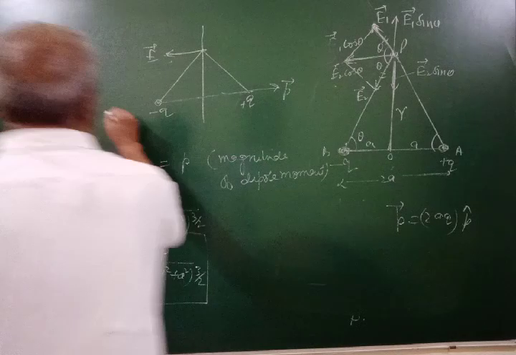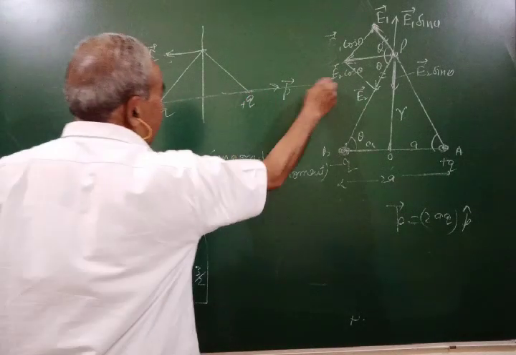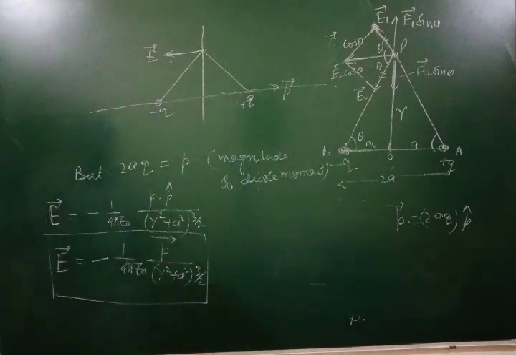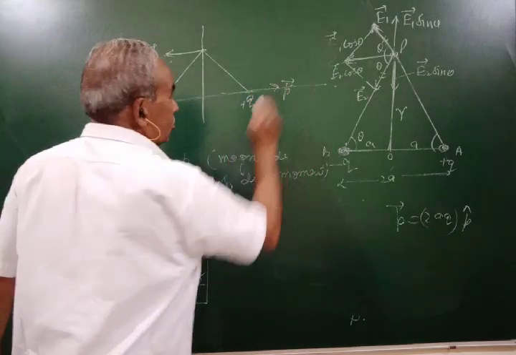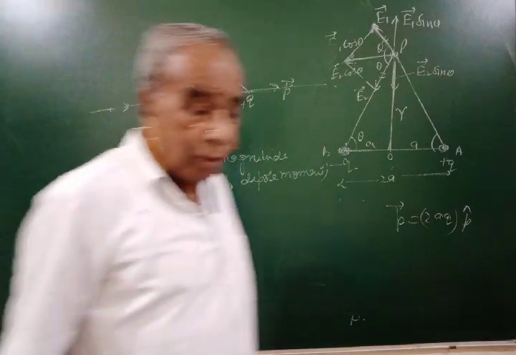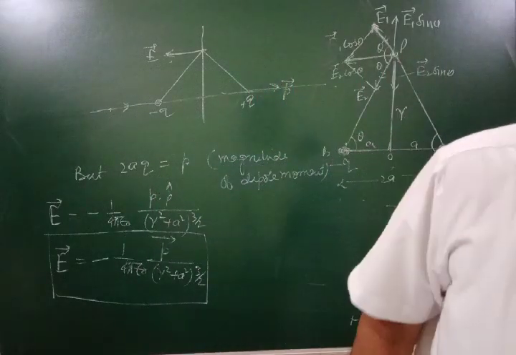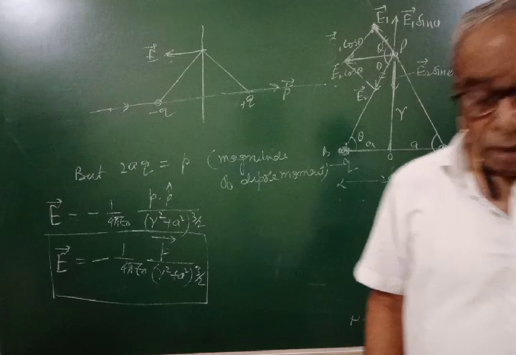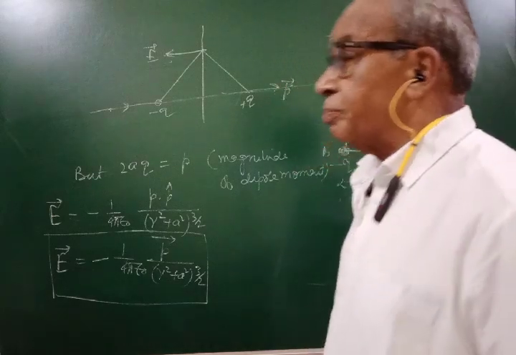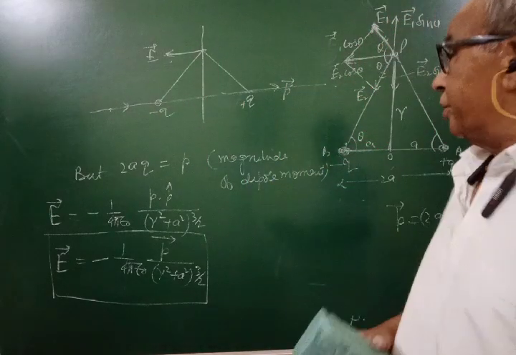Parallel will be along the axis. At every point on the axis, dipole moment is from left to right, and the electric field is this way. Actually, we keep on learning derivation, but in exam, people ask simple questions about the concluded part.